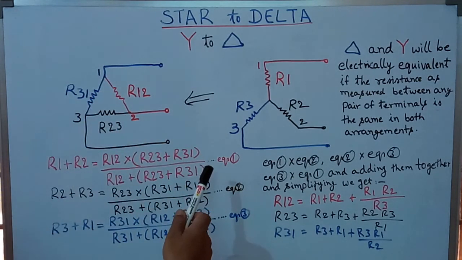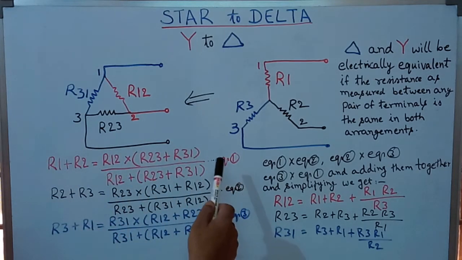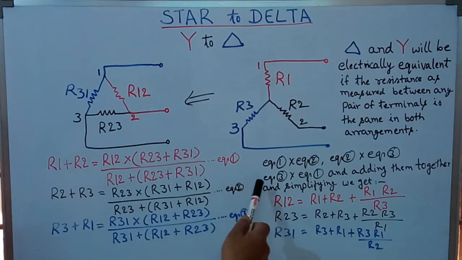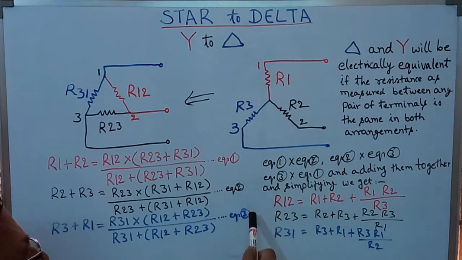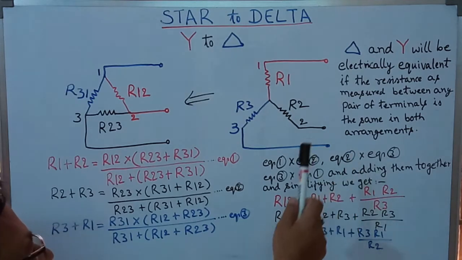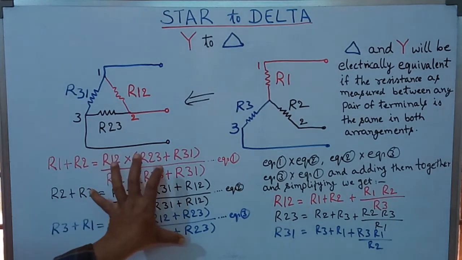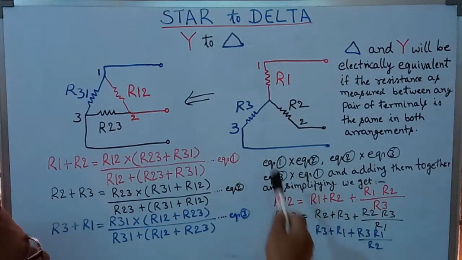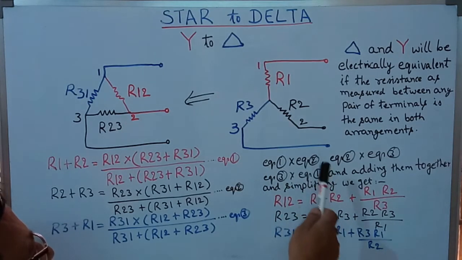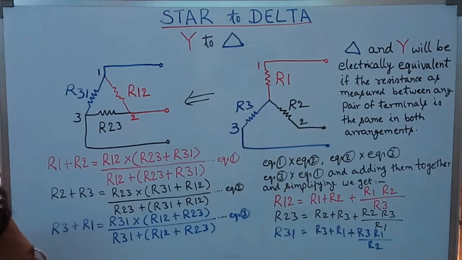So now, from the delta equations we have got earlier, equations 1 and 2 we need to multiply, and equations 2 and 3 we need to multiply. Similarly equations 3 and 1 we need to multiply from the delta equations, and adding them together and simplifying we get R12 as R12 plus R1 into R2 by R3.